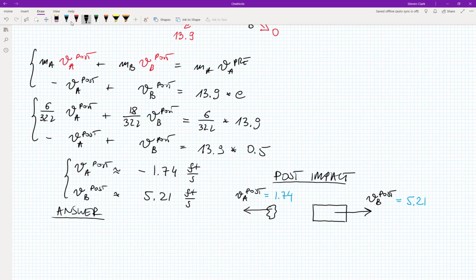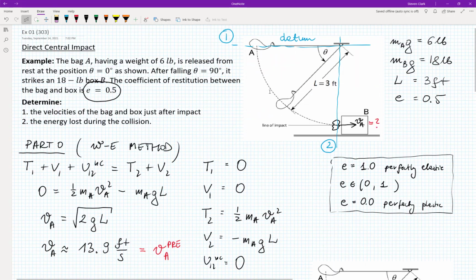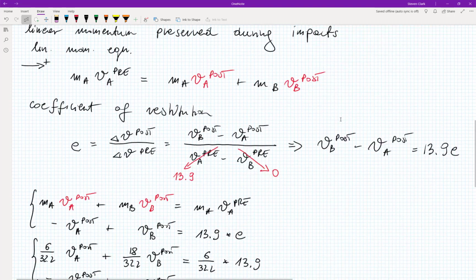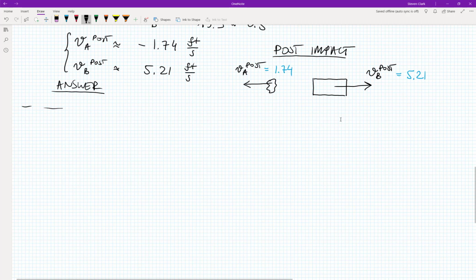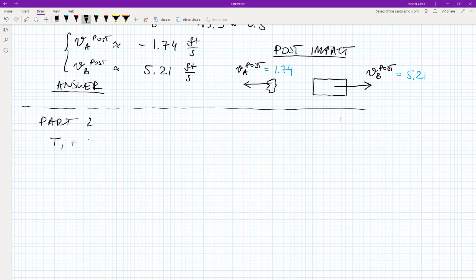Okay, so this is the answer to part A. But we also have part B, I believe. So let's now scroll up the board and remind ourselves what they ask us for. Aha, they ask us to find energy lost during the collision. So I think that again we should go for the energy equation, right? So in here we will go for part 2, and we'll go for T1 plus V1 plus U12 non-conservative, and this is equal to T2 plus V2. I believe that our potential energies do not change during the impact, so we can get rid of that.